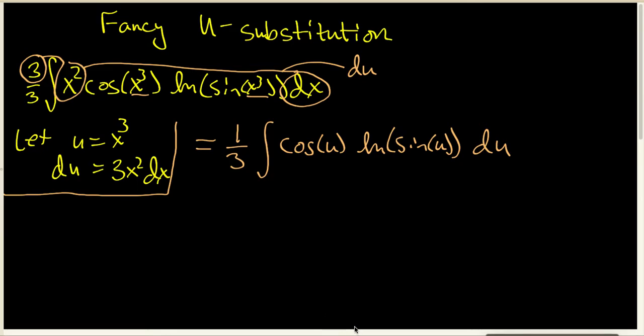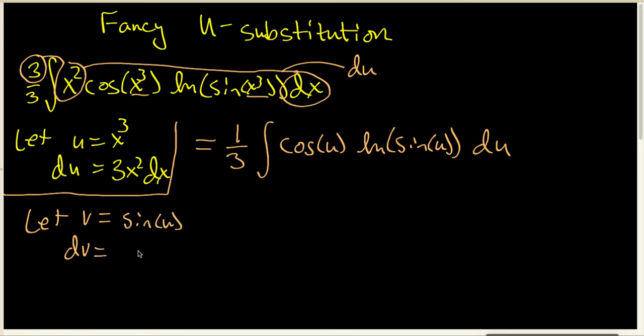Now what I want to do is look at this integral. And this integral itself has a composition. I have the log of the sine of u. Sine is the inside function. And of course, the derivative of sine is cosine. And that is enough to tell me that I need a second substitution. So I am now going to let v be equal to the sine of u.